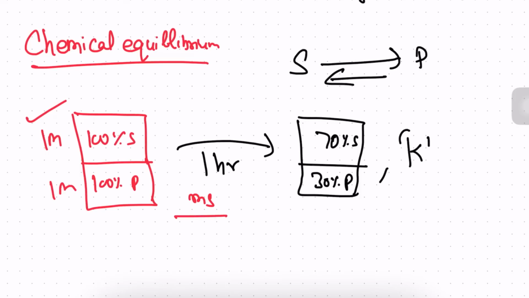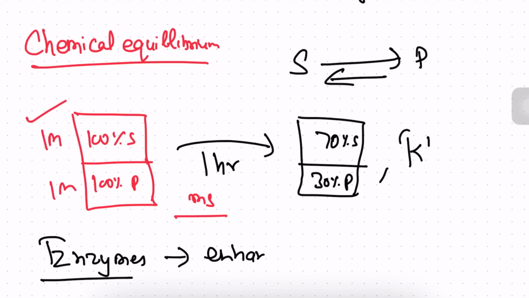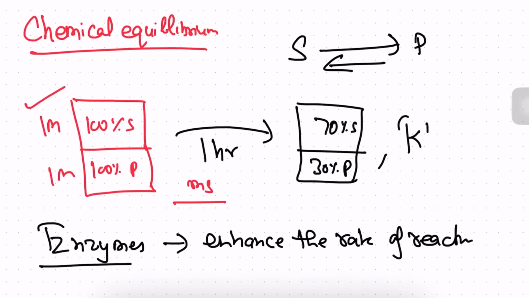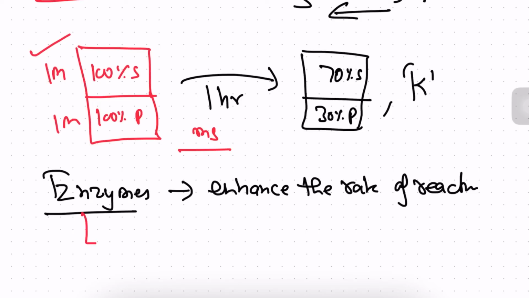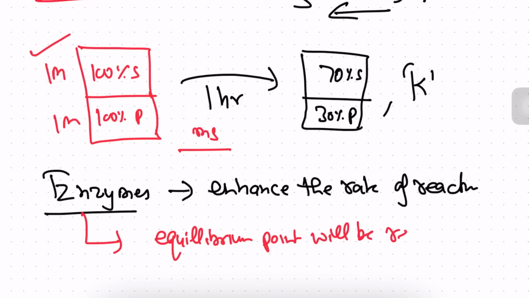So keep in mind that enzymes enhance the rate of reaction. If the enzymes are present within the system, the equilibrium point will be reached faster.